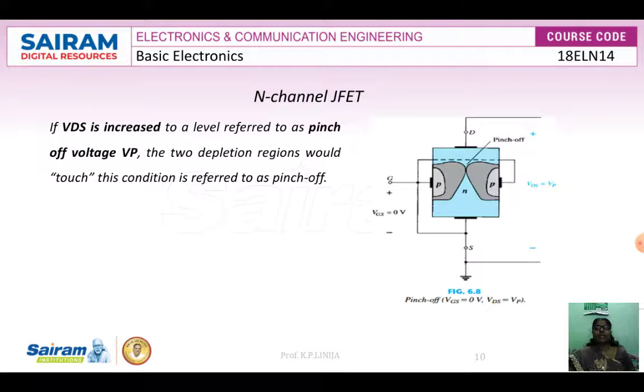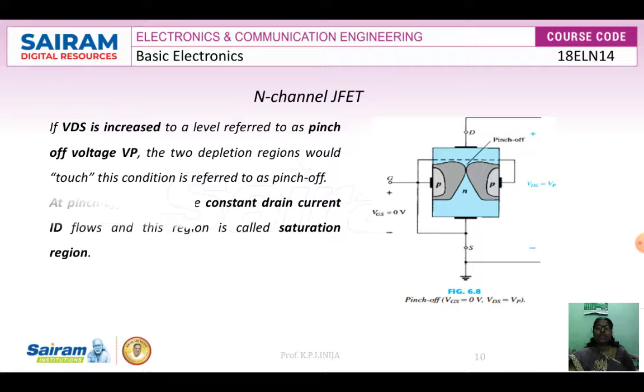In this diagram, it is very clear that the two depletion regions nearer to the drain are much wider, and at one point of voltage the two depletion regions come in contact, touching each other. That particular condition is called pinch off voltage.